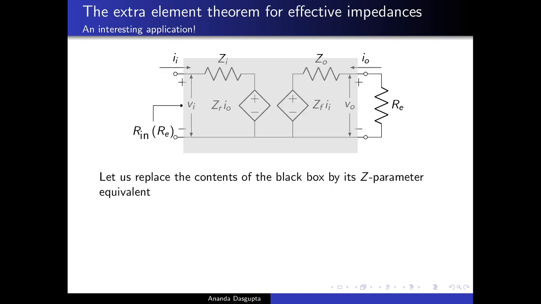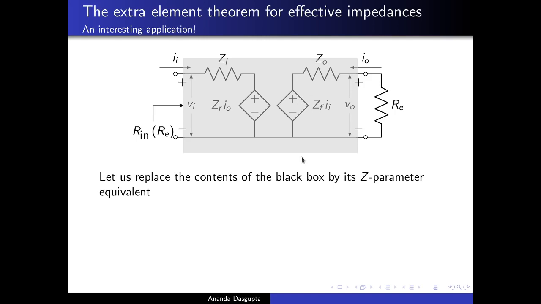You could of course do this analysis using the other equivalent circuits as well, and I would urge you to try at least one more so that you get more familiar with the usage of these equivalent circuits. But for the time being, I'm just showing you what happens when you put in the Z parameter equivalent in place of the black box there. Because you have Zi, Zr, Zo, Zf, these four parameters, you have the control voltage sources, and so on.